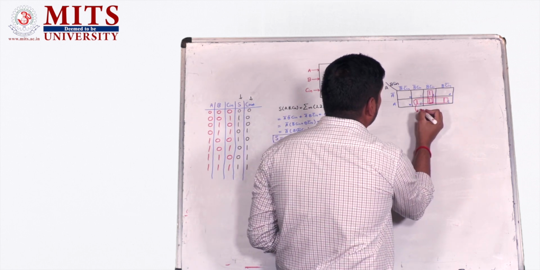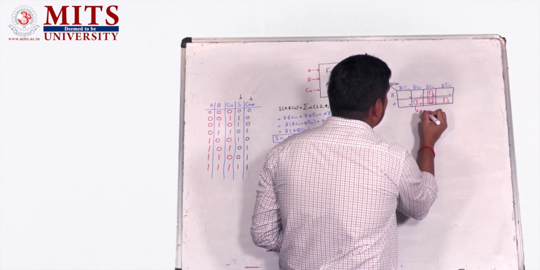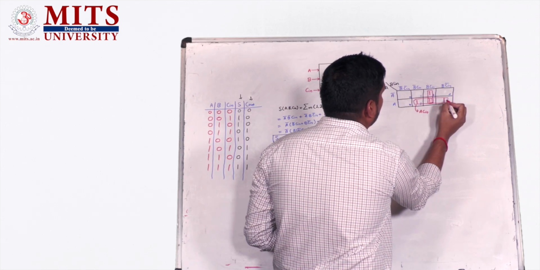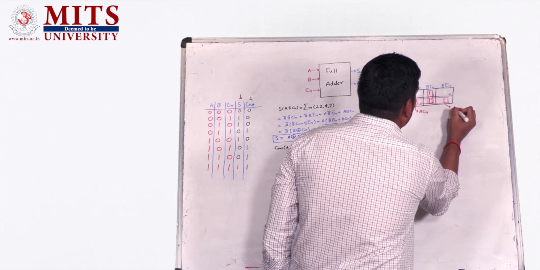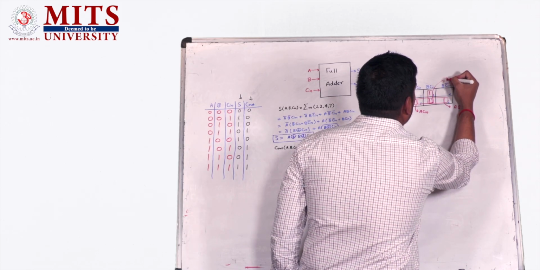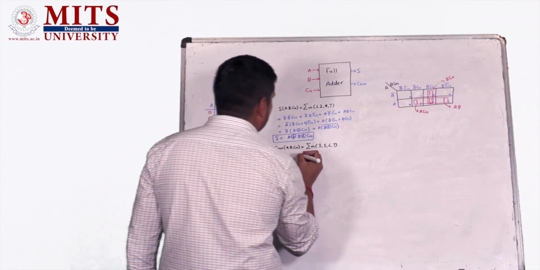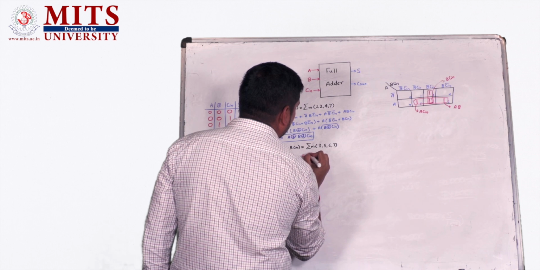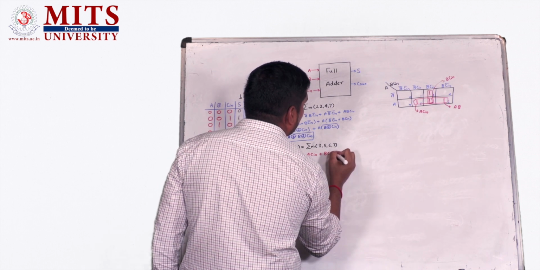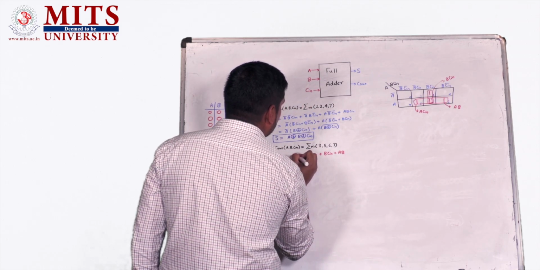So here the common term will be A into C in. In this group, the common is A and C in. And here the common will be A into B. And in this term, the common is B into C in. So finally, the minimal expression that we will be writing here will be A C in plus B C in plus AB. So this is what we have obtained here as Cout.